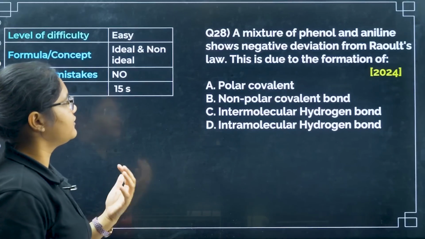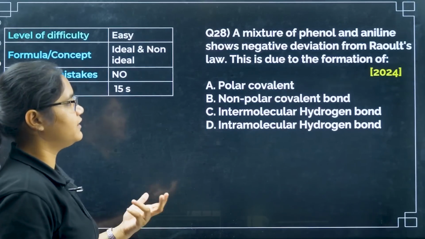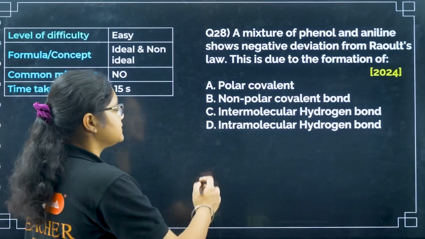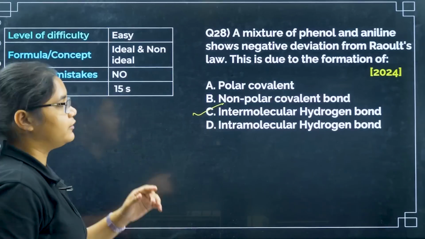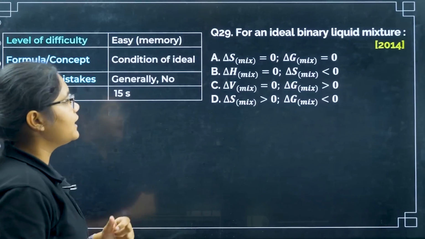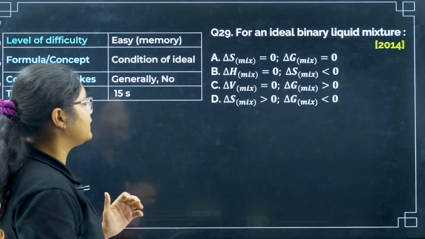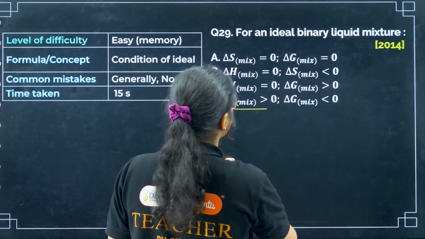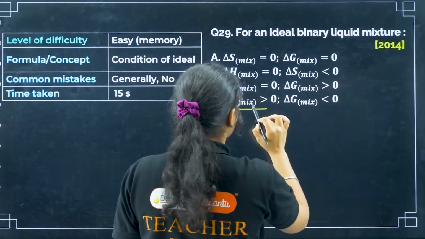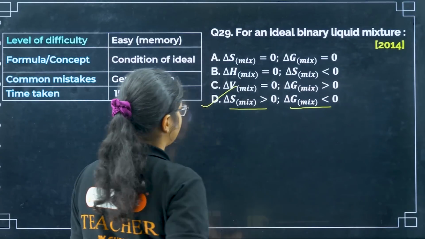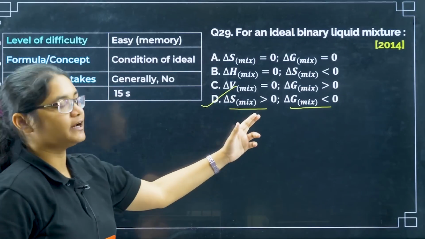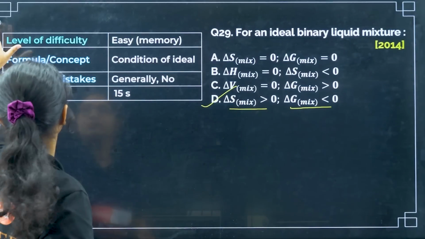Next, a mixture of phenol and aniline shows negative deviation from Raoult's law, and this is because of intermolecular hydrogen bonding. For an ideal binary liquid mixture, whenever you mix something, delta S is always greater than 0. Delta H has to be 0, and if it is a spontaneous process, delta G will be less than 0.